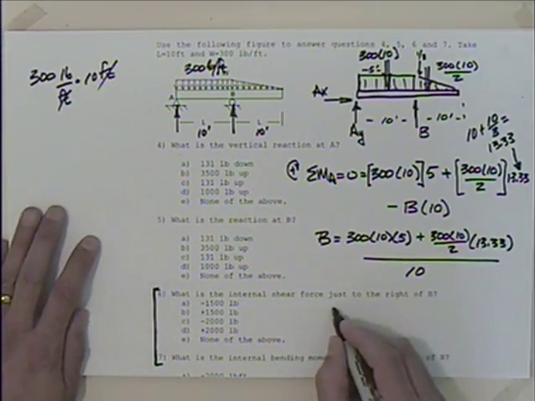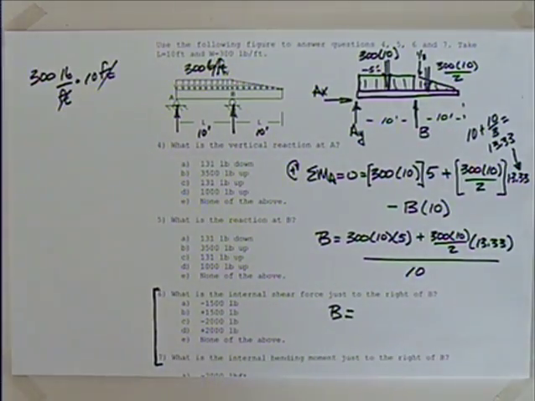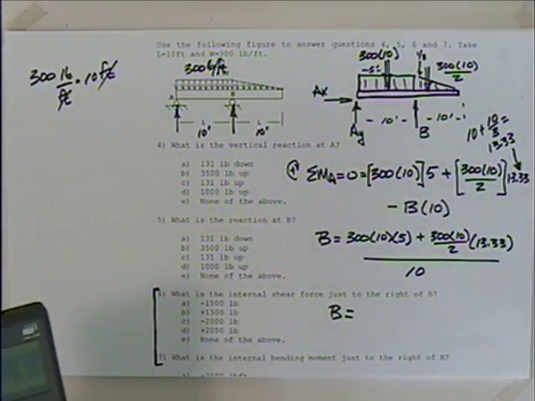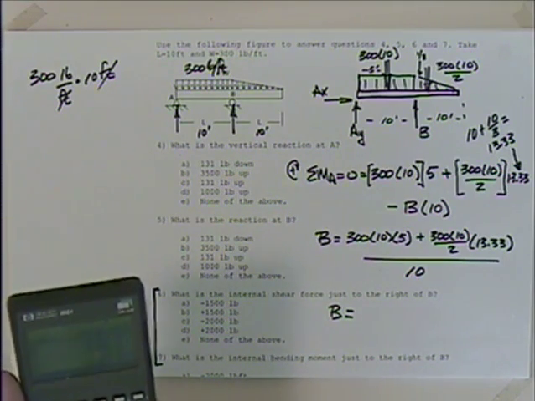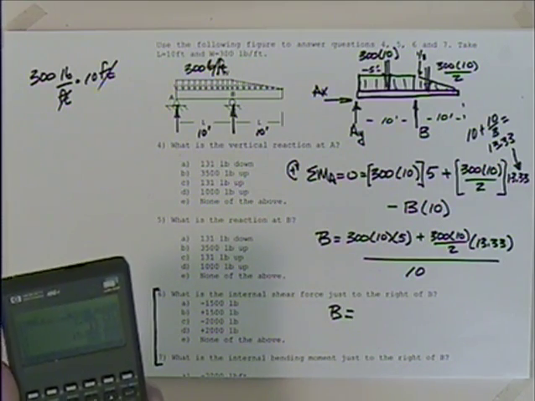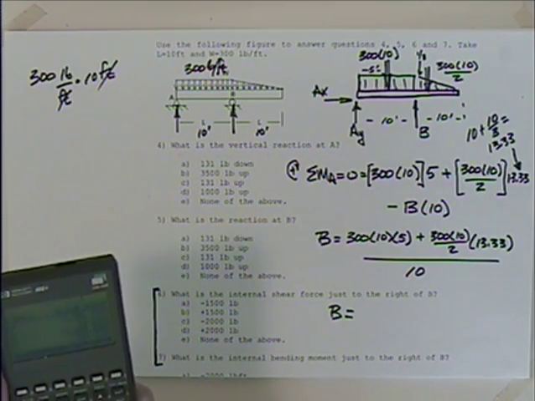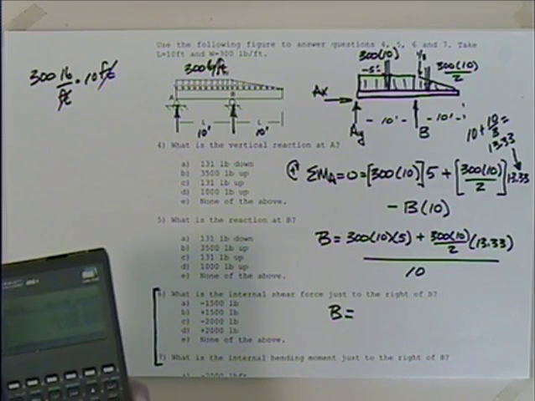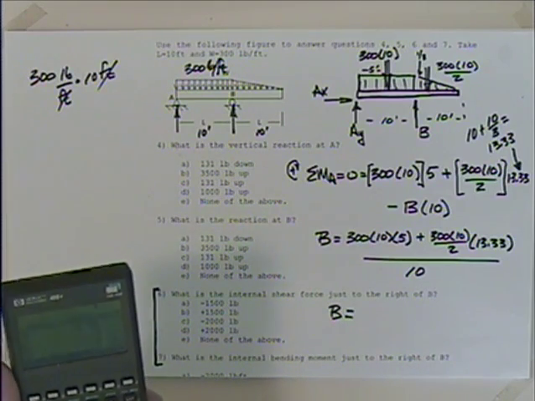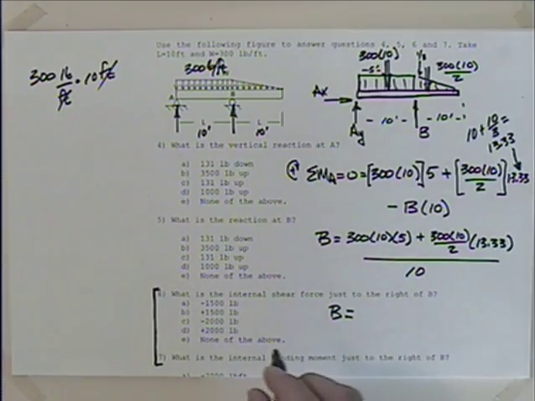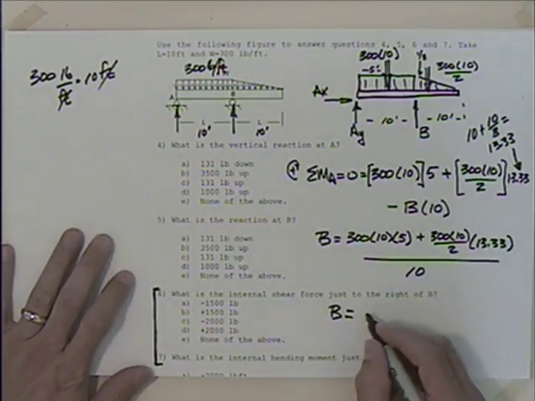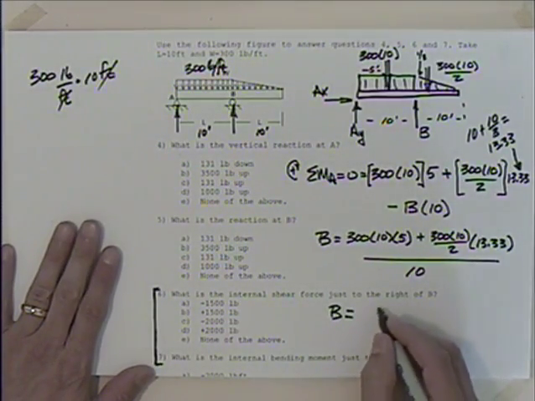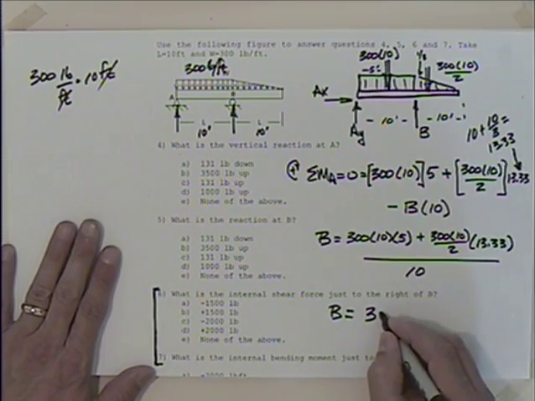So B is equal to, okay, what does B turn out to be? 3,499.95. 3,499.95, let's just call that 3,500.